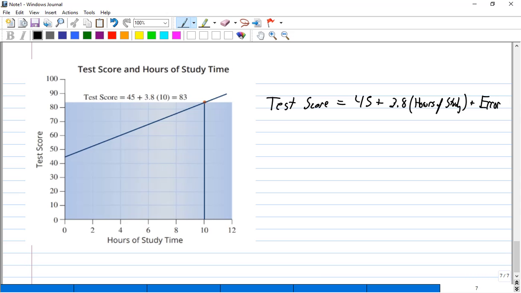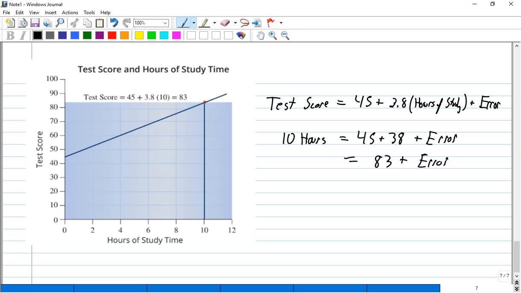So I do know that if I study for 10 hours, then my score would be 45 plus 38 plus some margin of error, or 83 plus some margin of error.